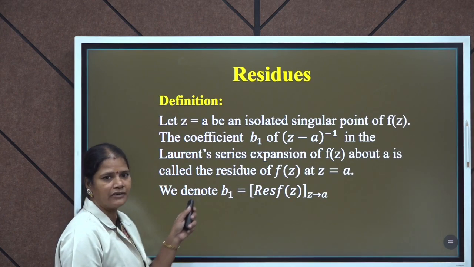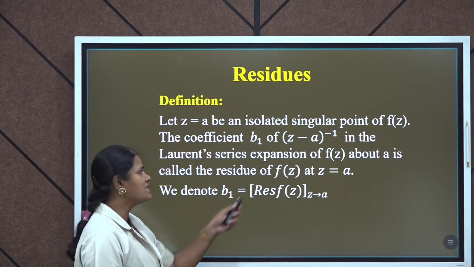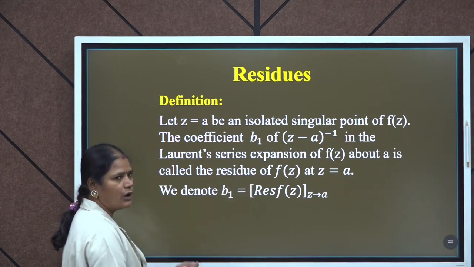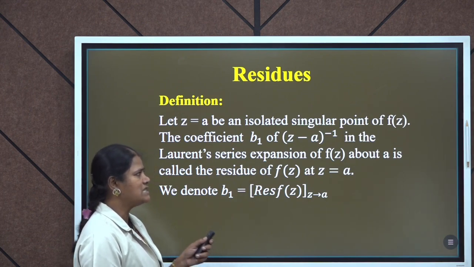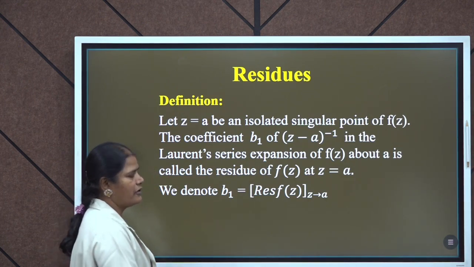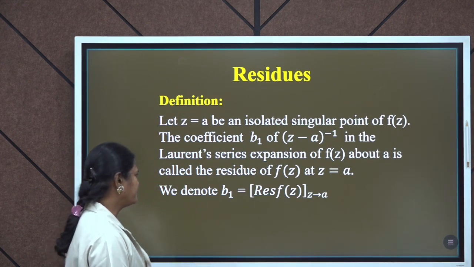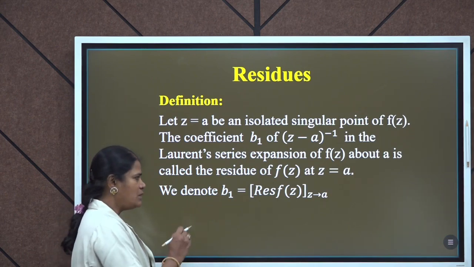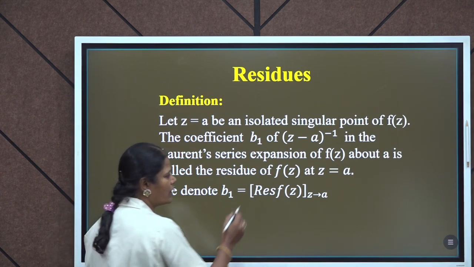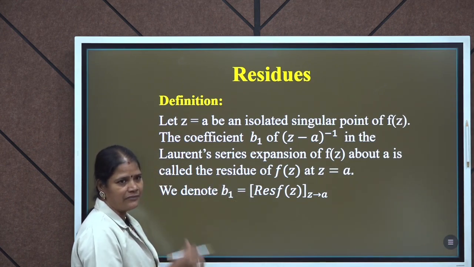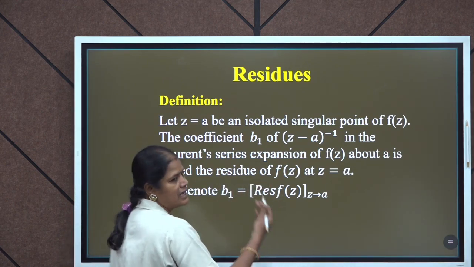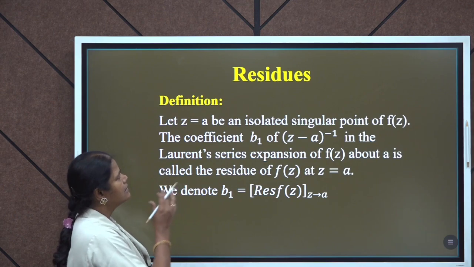The coefficient b1 of (z minus a) to the power minus 1 in the Laurent series expansion of f of z about the point a is called the residue of f of z at z equal to a. We denote it as b1 equal to residue of f of z at z equal to a. In the Laurent series expansion, we have to find the coefficient of 1 by (z minus a), and that is called the residue.